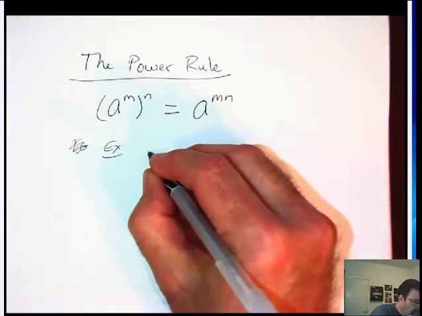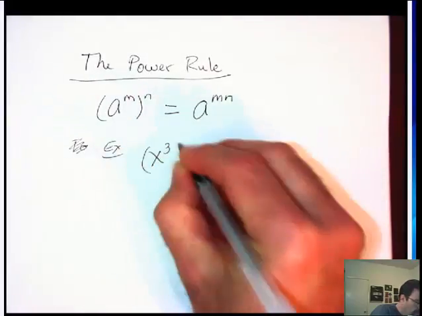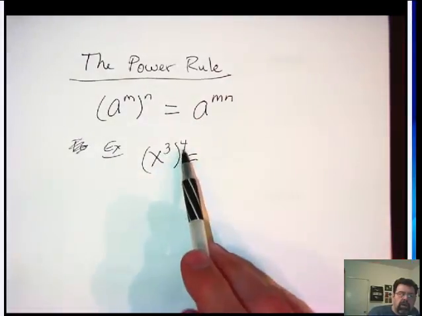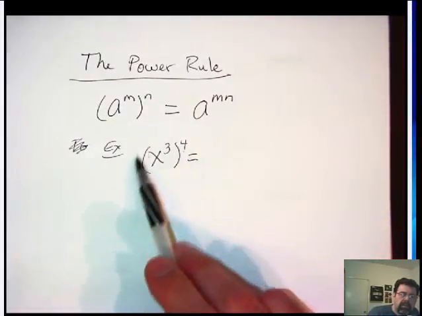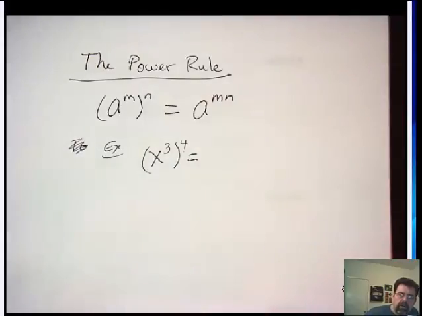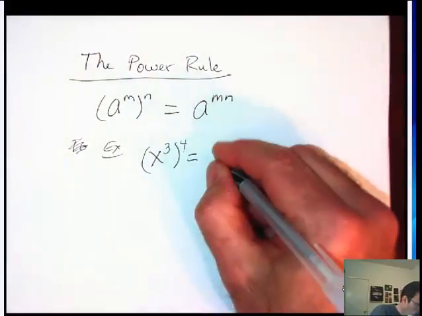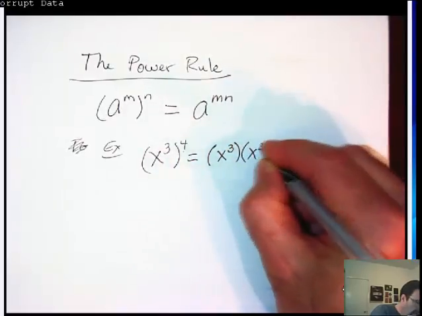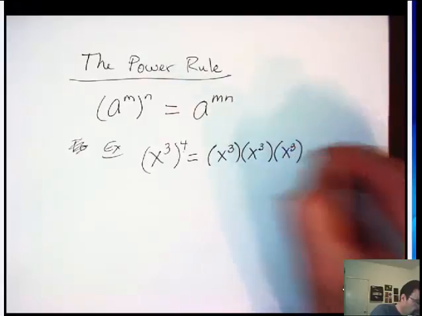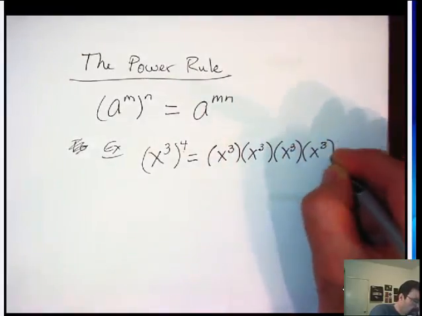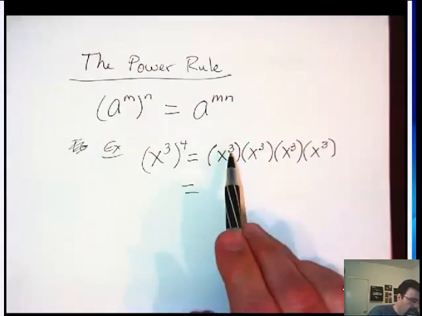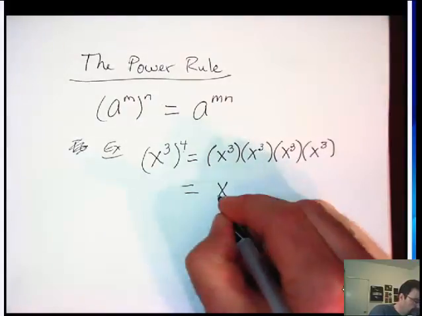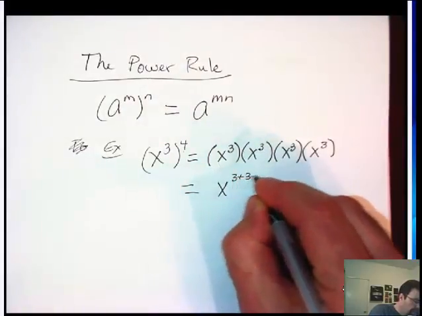So if I had like x to the third to the fourth, what this means, this 4 here says you're going to multiply this x to the third 4 times. We're going to have 4 factors of x to the third. And then using the addition rule, if we're multiplying the same base stays the same, we're going to add the exponents.